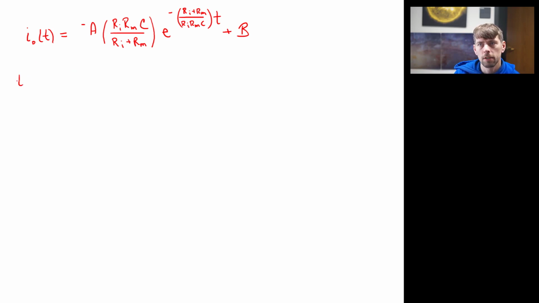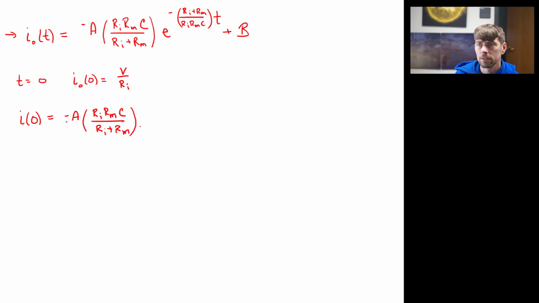So first, at time equals 0, we said that the current running through the circuit has to be V over Ri. Okay. And so we'll take this equation, and so I of 0 must be equal to, well, we have this huge thing out in front, right? I got to admit that I wish that I didn't have to write this all out. I could give it some new variable, but it's always good to at least see it once. We have e to the 0, right?